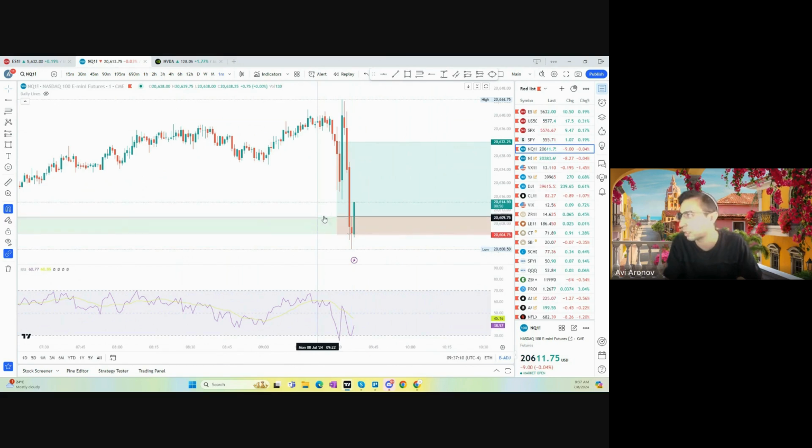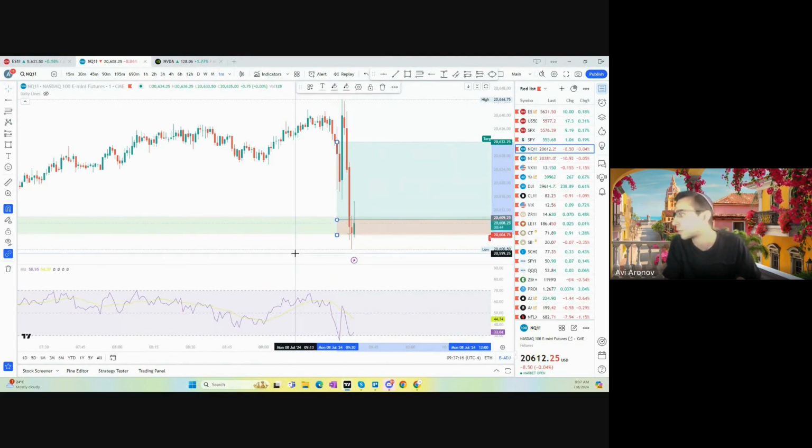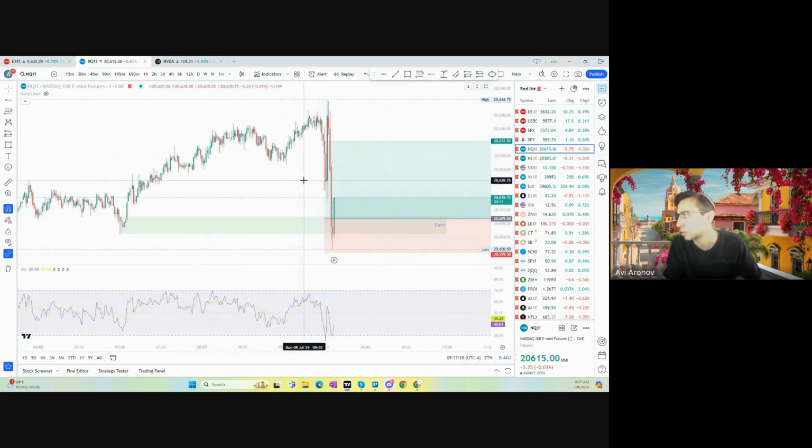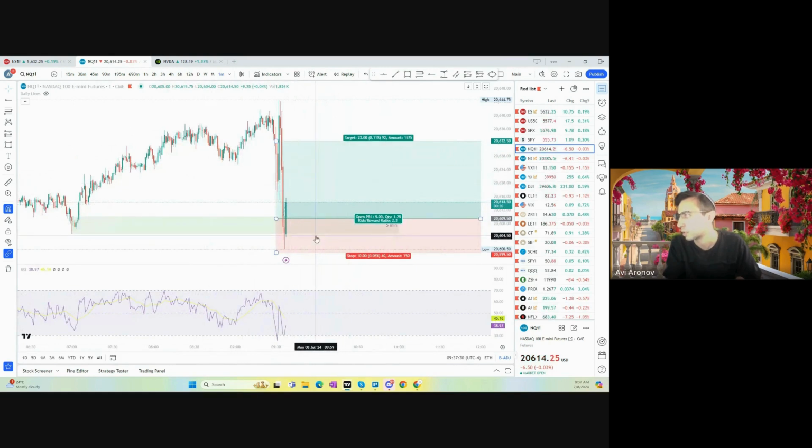So currently our average entry will be 950. Okay, and from the risk to reward standpoint, just because it will be 3 lots.